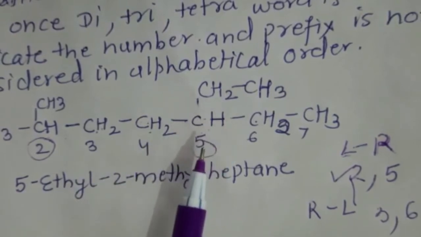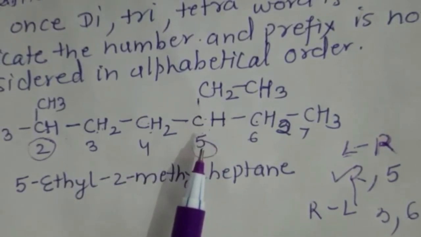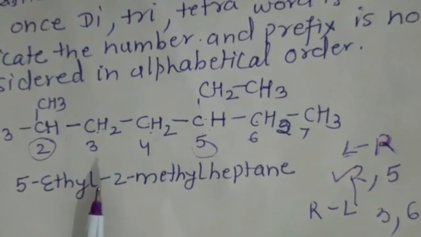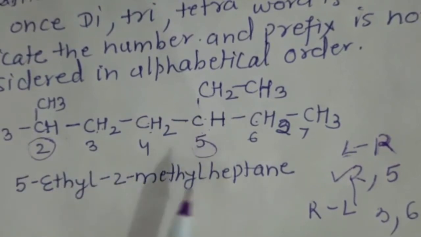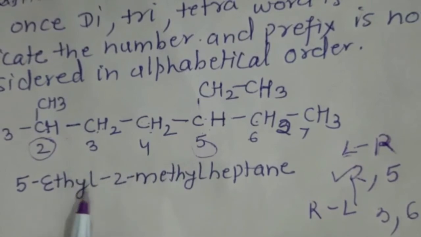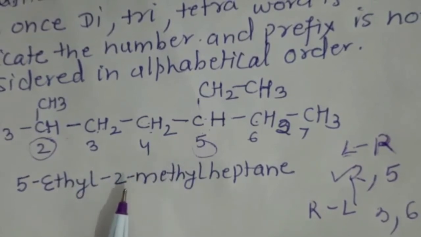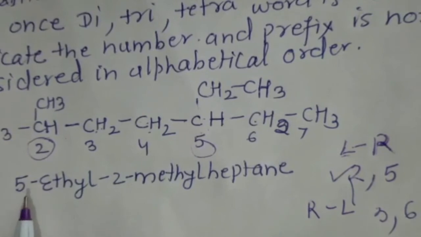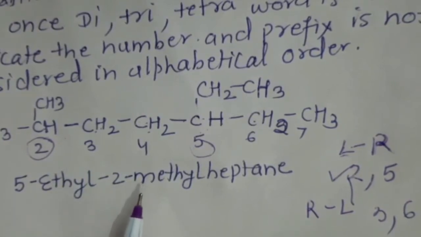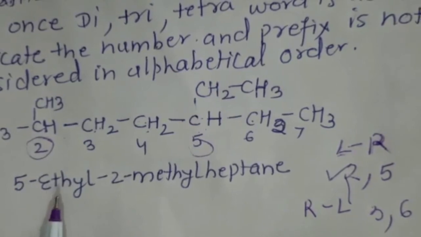Here the 5 position of the locant should be written first followed by the name. Ethyl should be written first followed by methyl irrespective of the position of the locant. It means the substituents as a prefix should always be arranged in alphabetical order irrespective of their position.